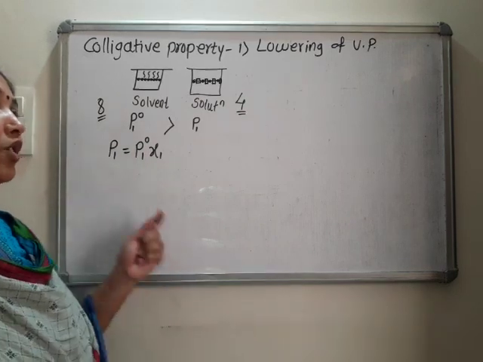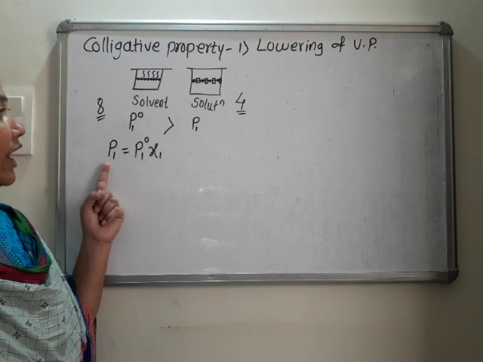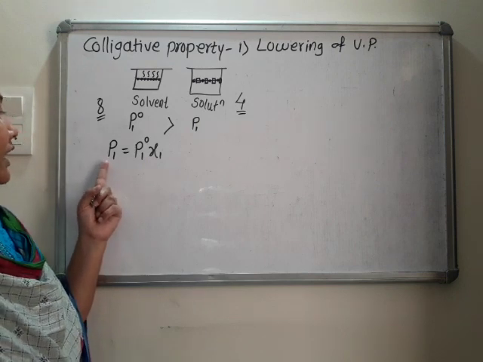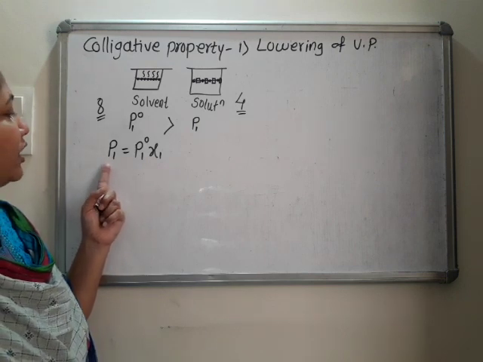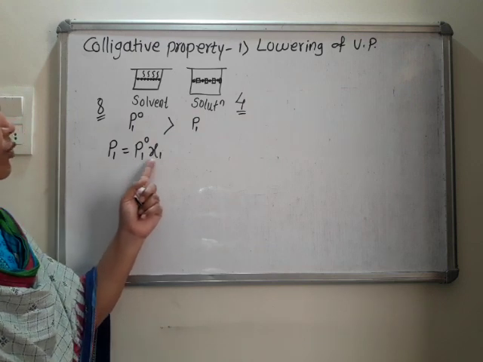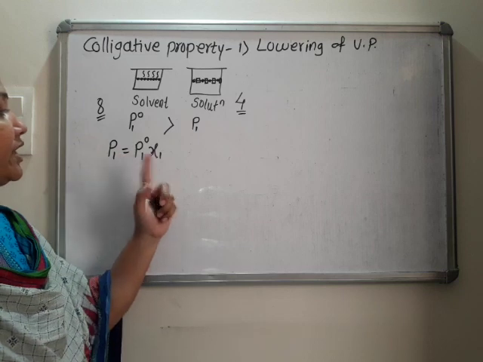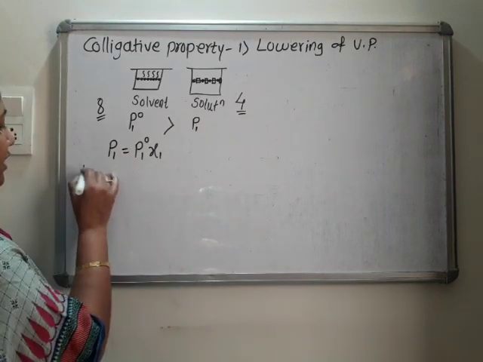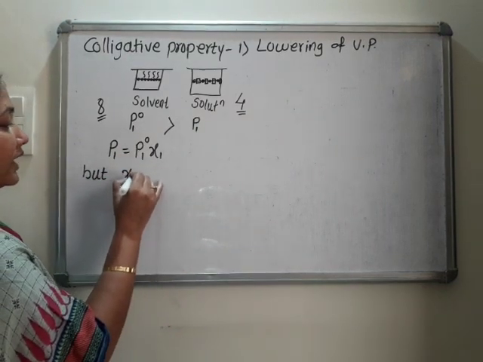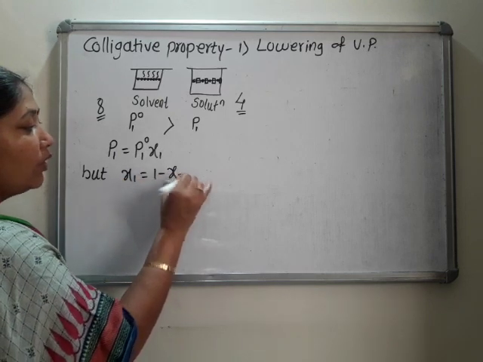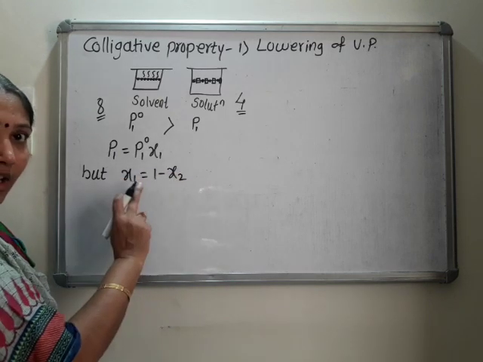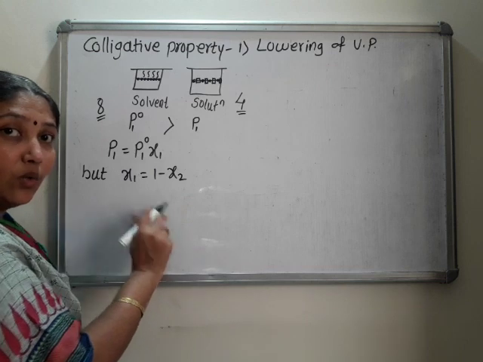So according to Raoult's law, the partial pressure exerted by the solvent is equal to its mole fraction times its vapor pressure in the pure form. So P1 is equal to P01 x1, but we know that x1 is equal to 1 minus x2. The sum of the mole fractions is equal to unity.